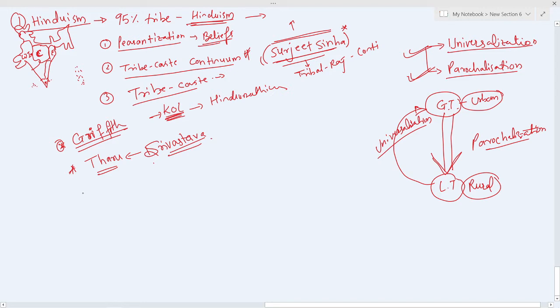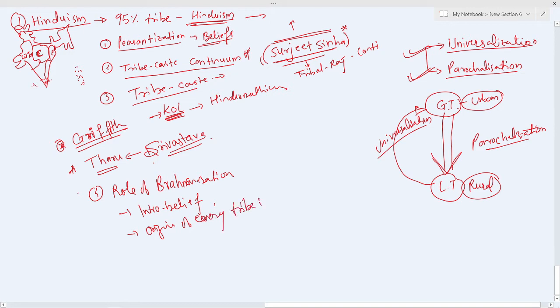Then the role of Brahmanization. Brahmins provided various services to the people and introduced various traditions, customs, belief patterns, even gods and festivals to this tribal area, and they propagated that the origin of every tribe is caste.